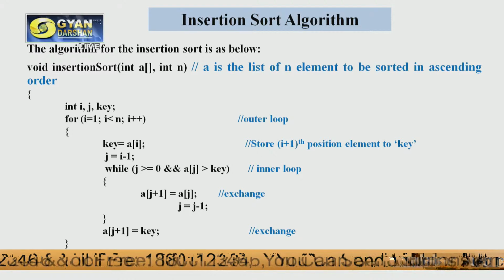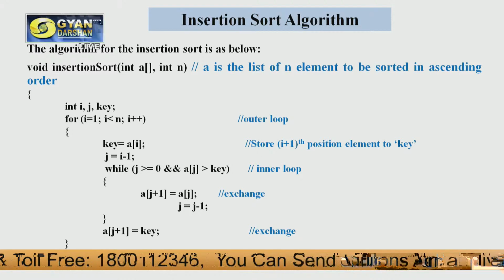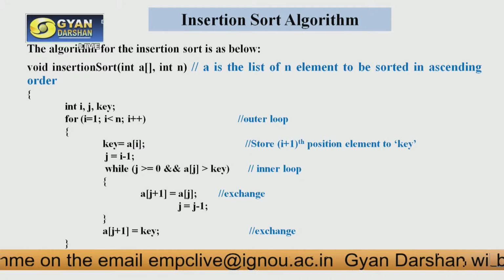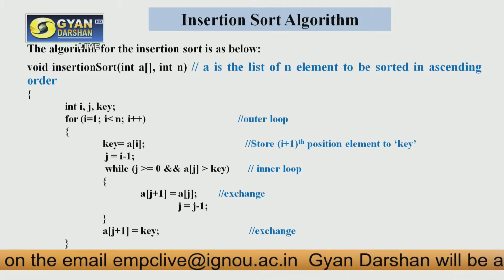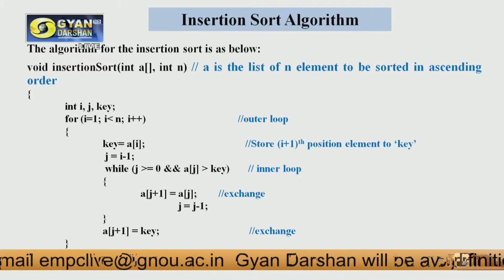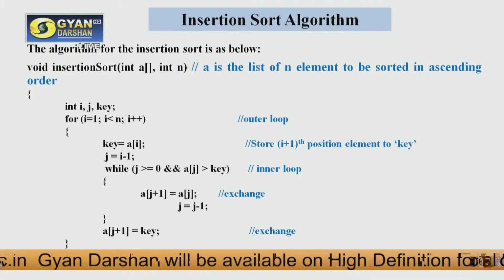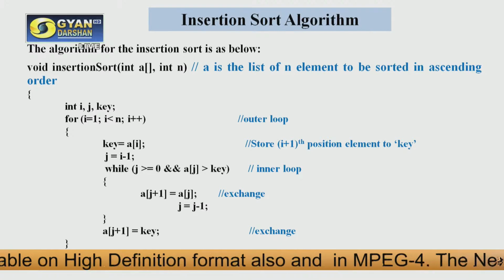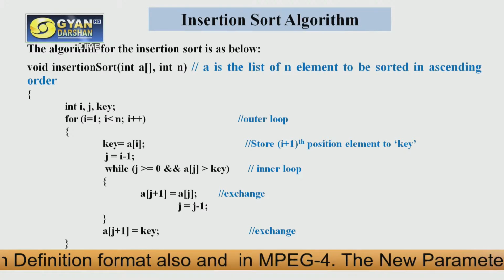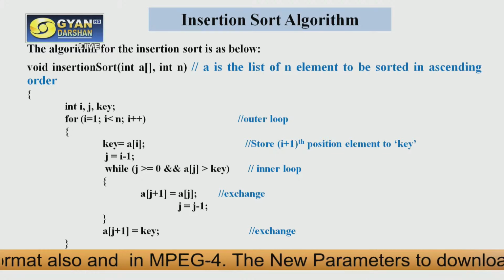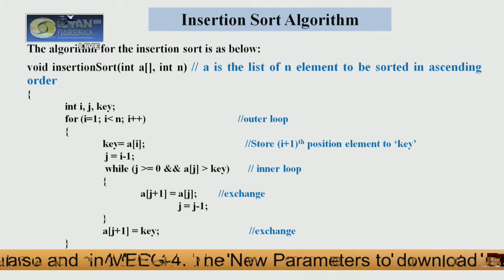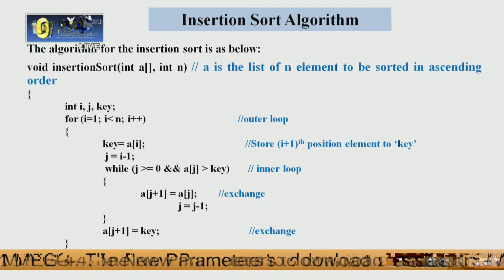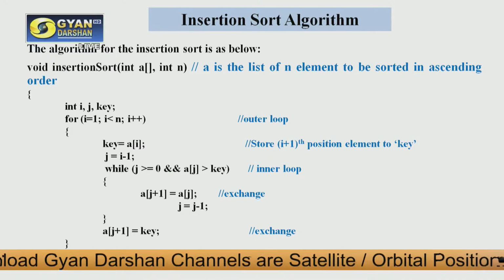That is, whatever the value of the outer loop is. The outer loop is i equal to 1 to less than n, and whatever the value of i is. So initially if i is 1, then the key will contain the second element of the unsorted list, and then we use another loop, the inner loop, that is mentioned here with the while loop.